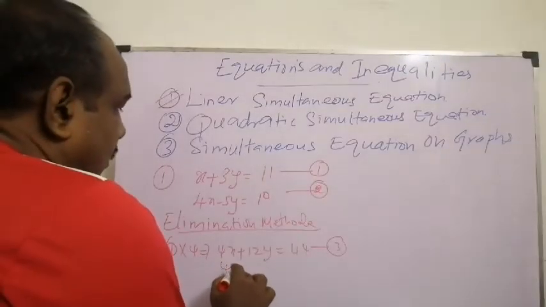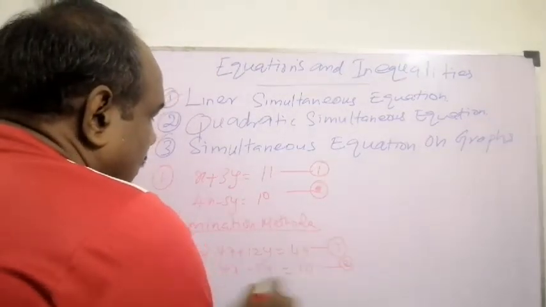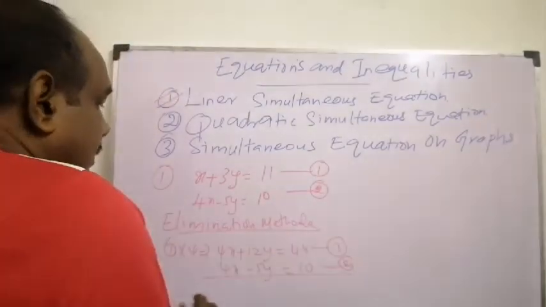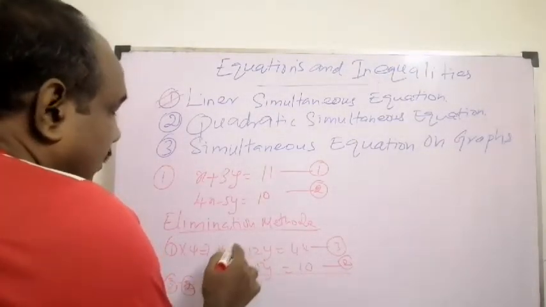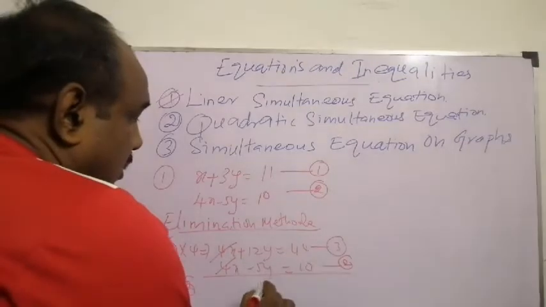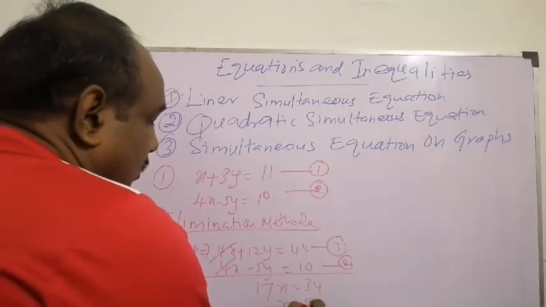Then you have 4x minus 5y is equal to 10, equation 2. You subtract 3 minus 2, and 4x and 4x cancel out. This is going to be 17y is equal to 34, so y is equal to 2.